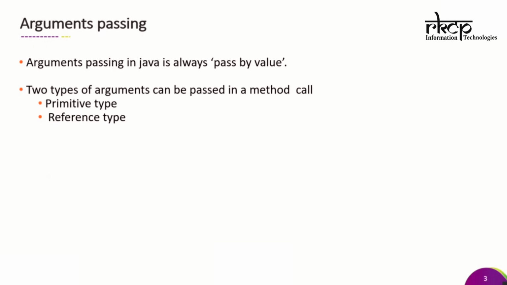Here, with any method, you can pass your argument either as a primitive type or as a reference type. If you remember, you are using public static void main, and inside that you are passing one parameter like a String type array. In the same way, inside any method, like addition or subtraction, you can pass multiple integer parameters.